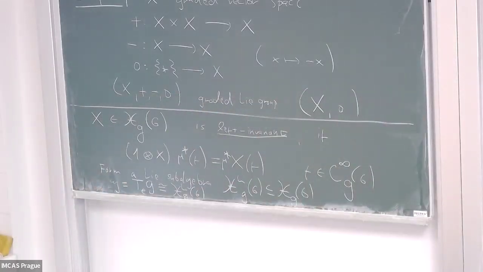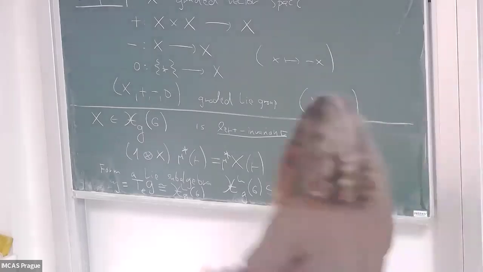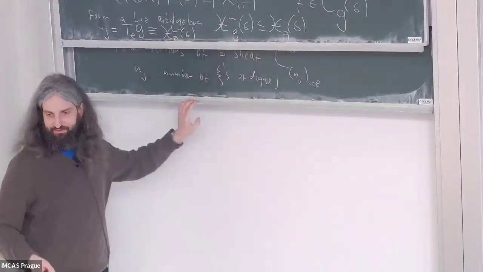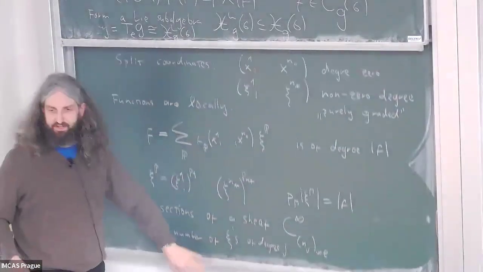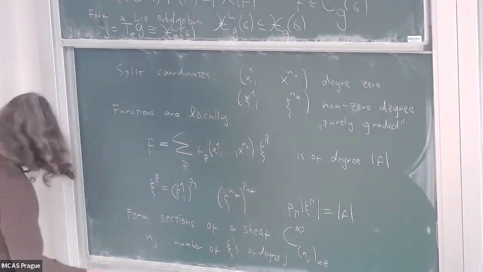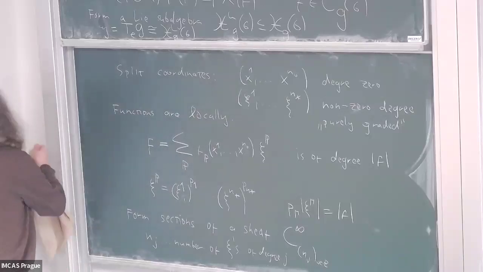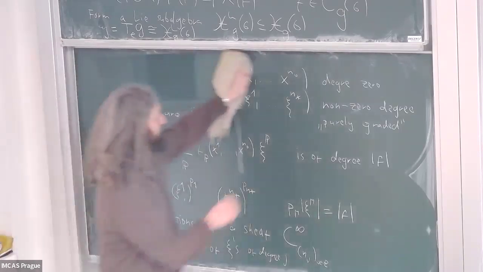And of course, the first Lie group or graded Lie group we would like to have is the general linear group. Okay, just a second, I will erase this.